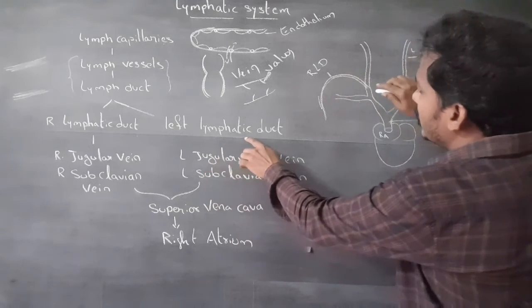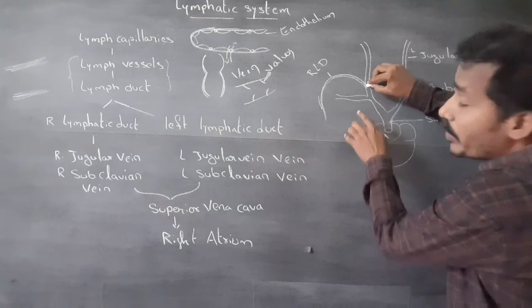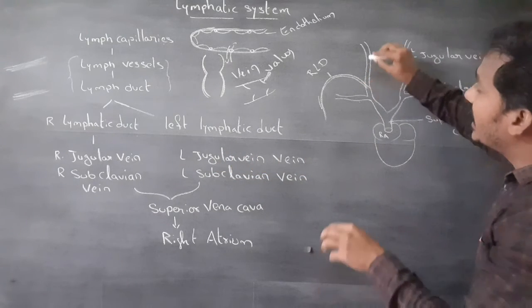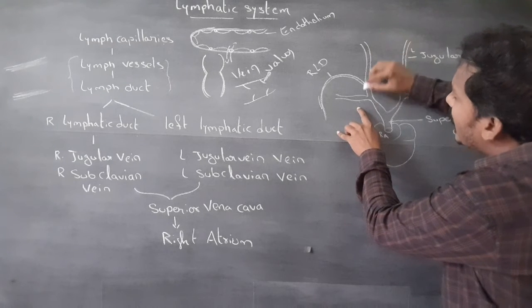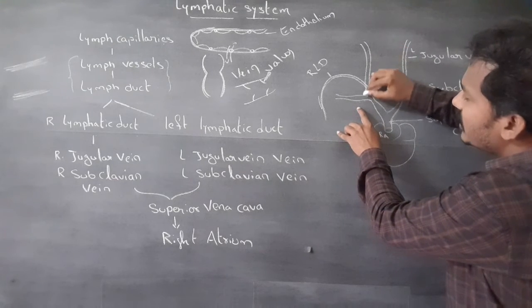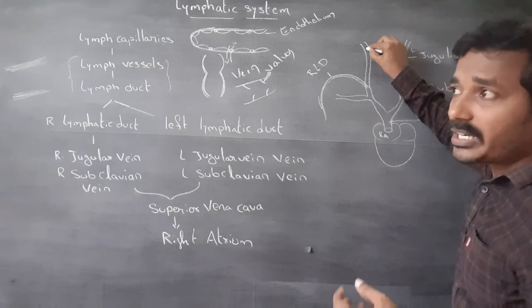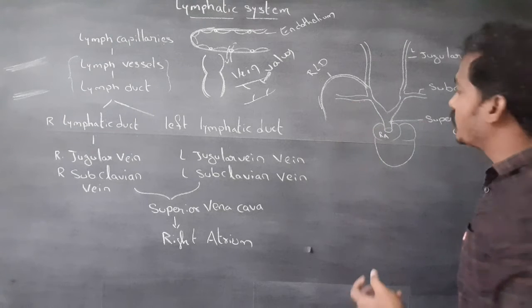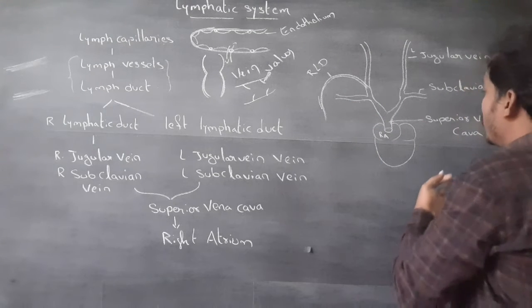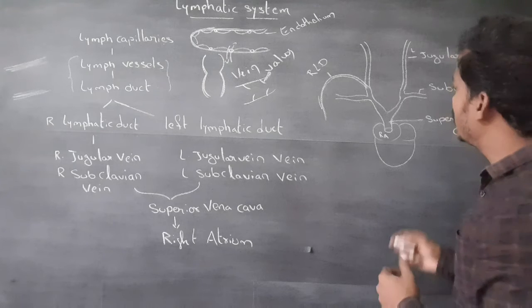The jugular vein collects blood from the neck and the subclavian vein collects deoxygenated blood from the thoracic region.